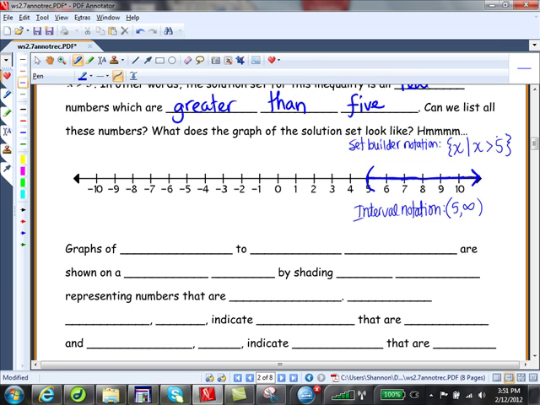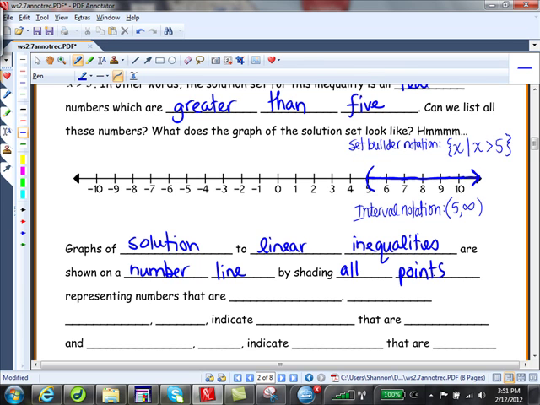Okay? Okay. So graphs of solutions to linear inequalities are shown on a number line by shading all points representing numbers that are solutions.